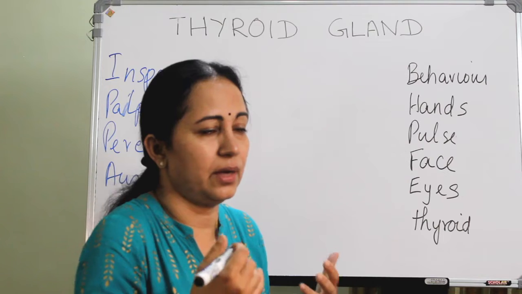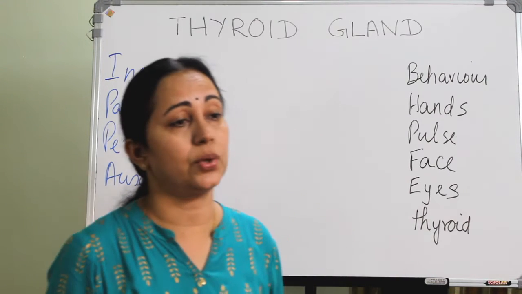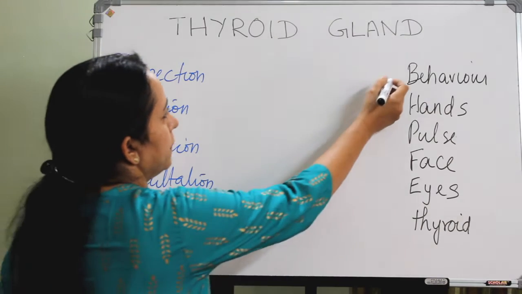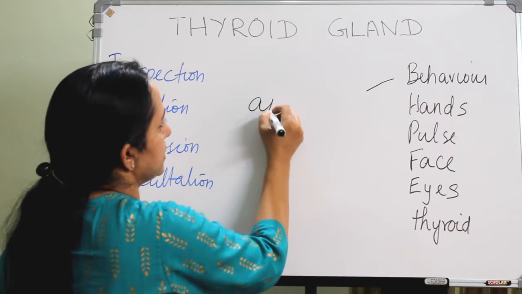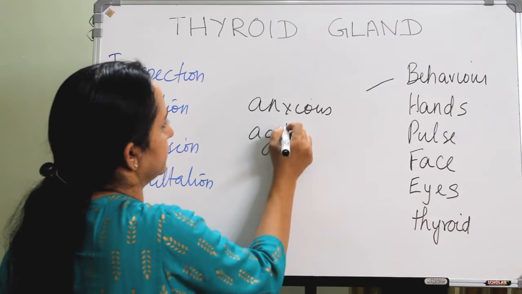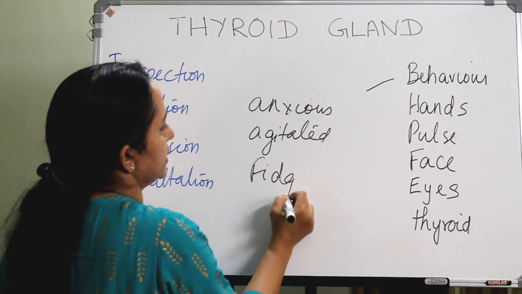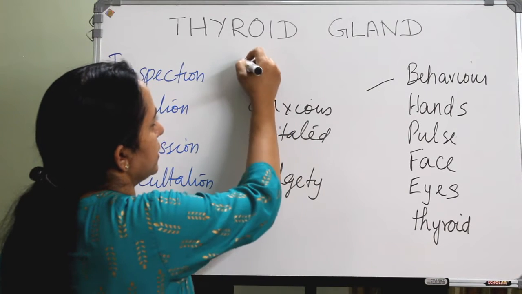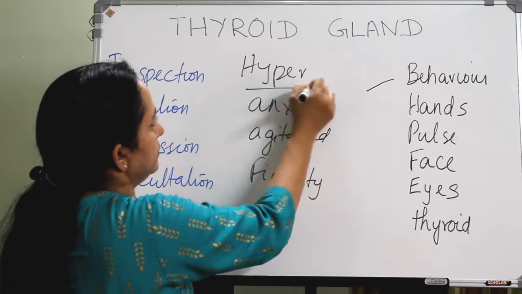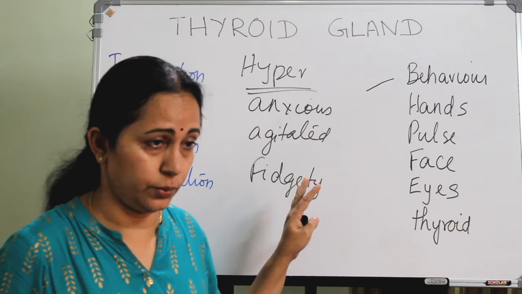But if the patient has thyroid toxicosis, if there is overfunctioning of the thyroid gland, the patient will be anxious or agitated, or it will be a fidgety patient. Okay, so all these in hyperthyroidism. So that has to be pointed out.